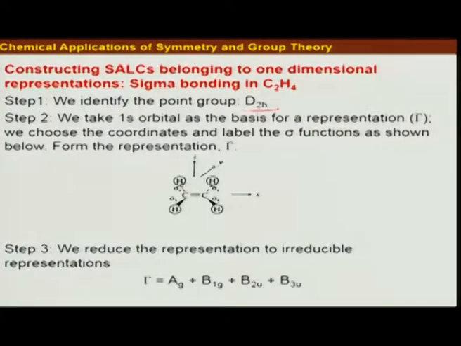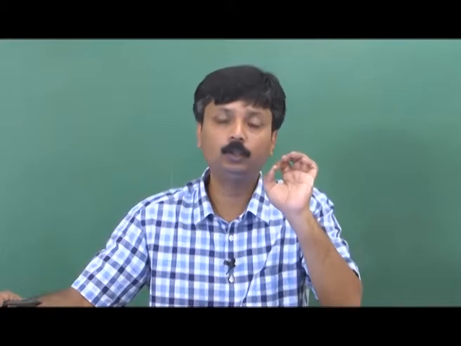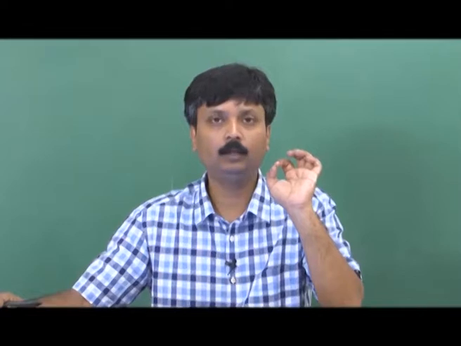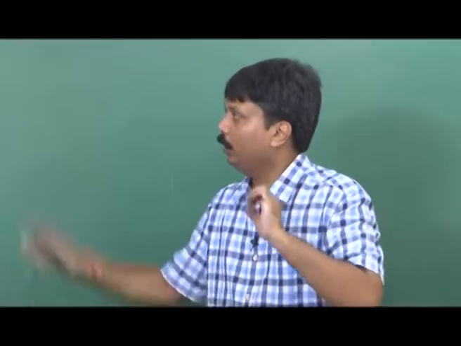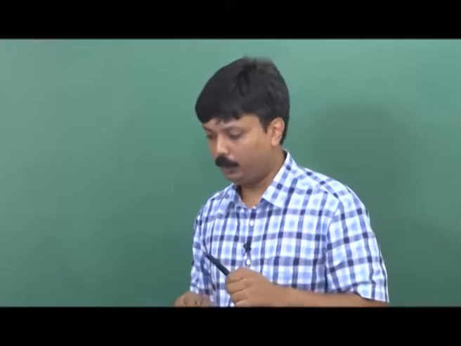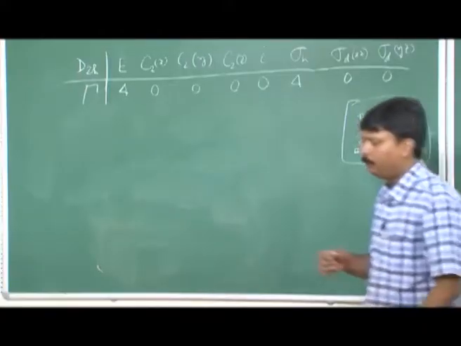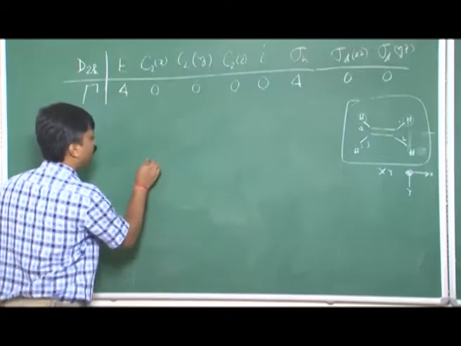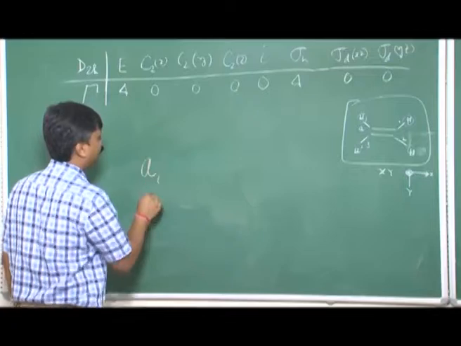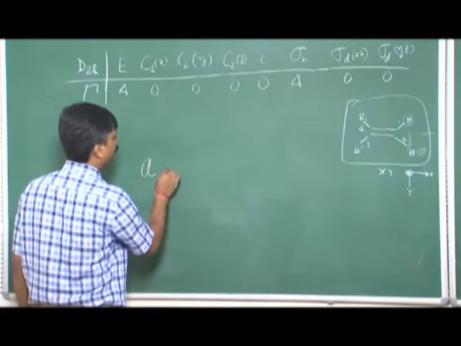So once you have found this gamma, the next step is to reduce it to the irreducible representations for that particular point group D2H. In order to reduce that, you have to use the formula that we have already used, that is, to find out how many times a particular ith irreducible representation will occur.